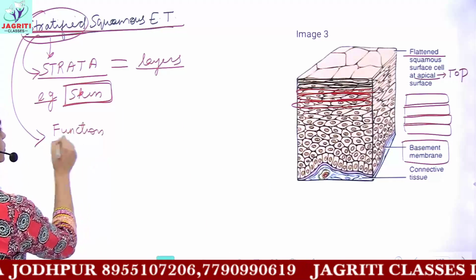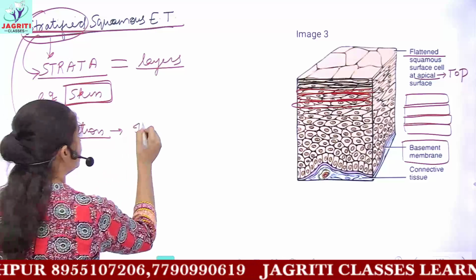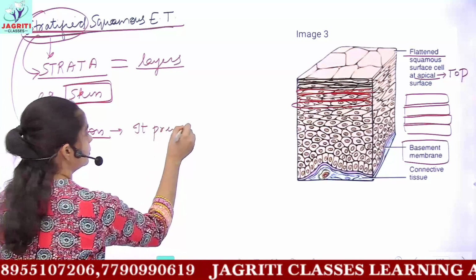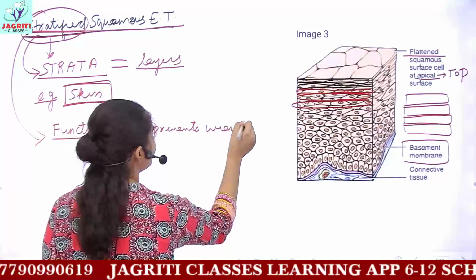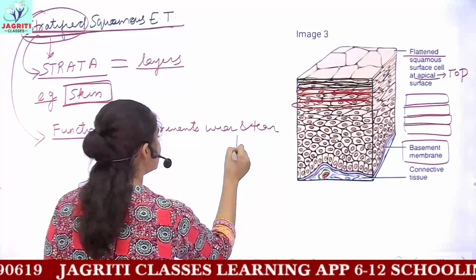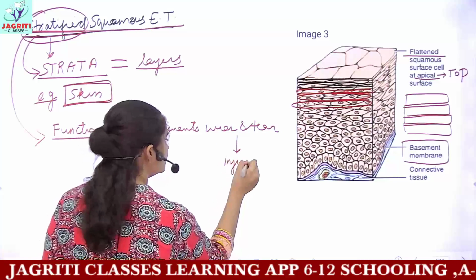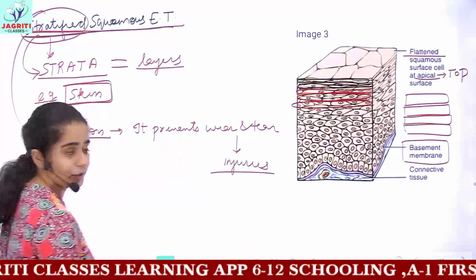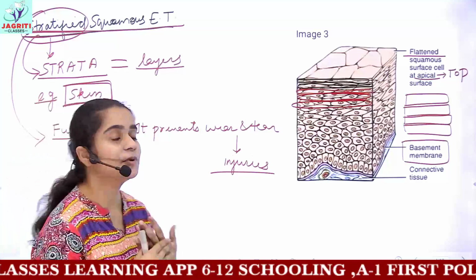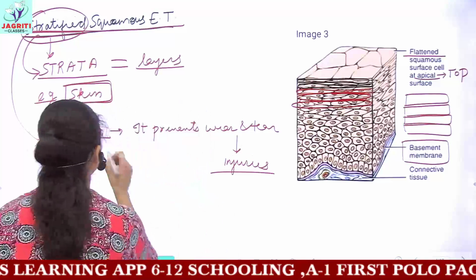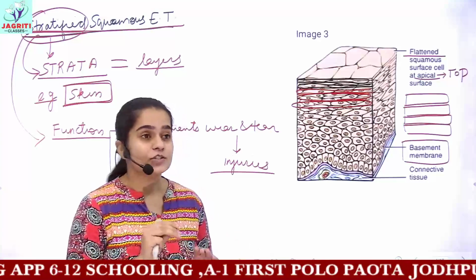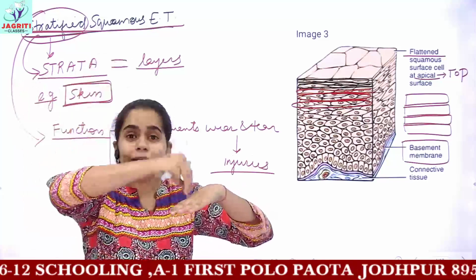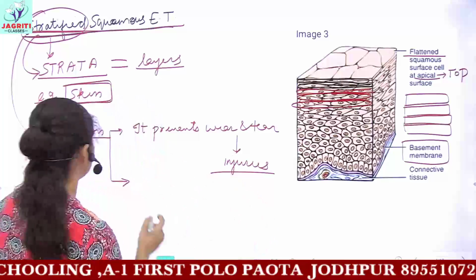And the function is what? It prevents us from wear and tear. That is, it prevents us from injuries. Okay, so we know that our skin prevents us from injuries. The other function which you can include in this would be, it does not allow any foreign material to enter our skin very easily.